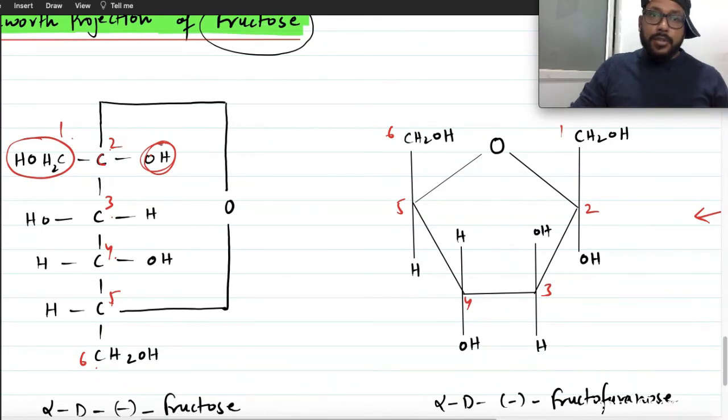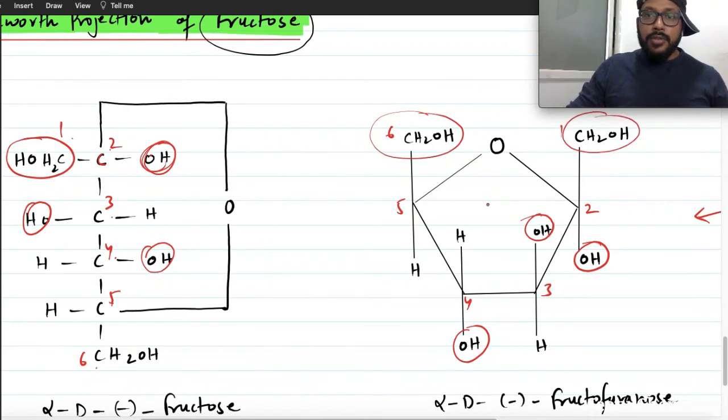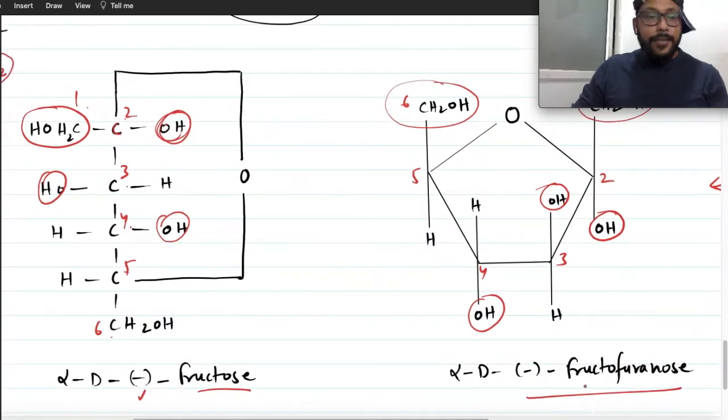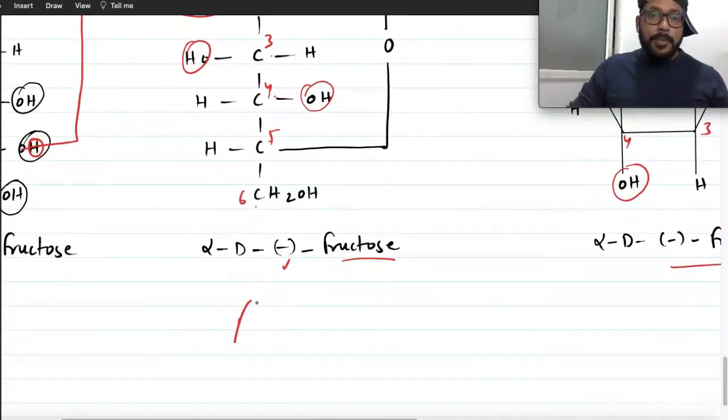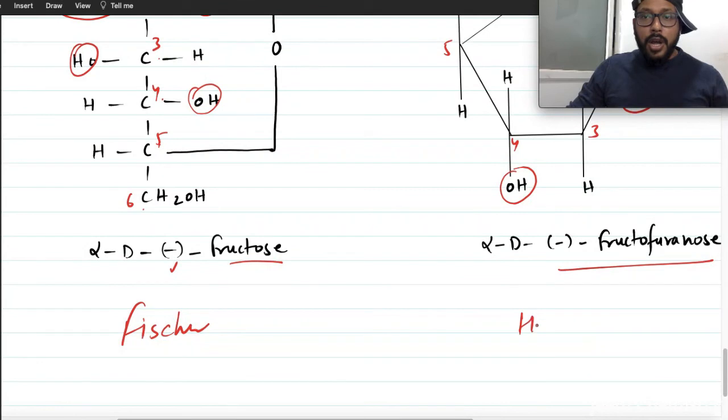Again the OH toward the right, toward the bottom, toward the left, toward the top, toward the right, toward the bottom. Okay, and again CH2OH is always at numbering 6. Okay, so this is your alpha D negative fructofuranose, and this is your Fischer projection according to the name of the scientist Fischer, and this is your Haworth projection, by the name of scientist Haworth.